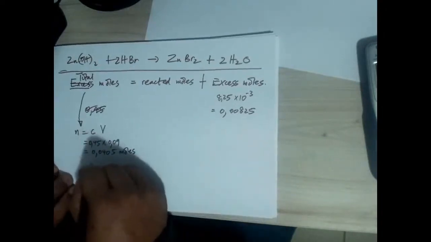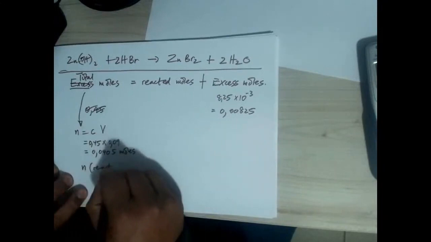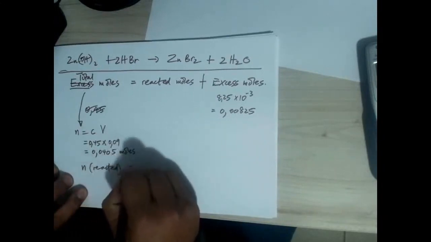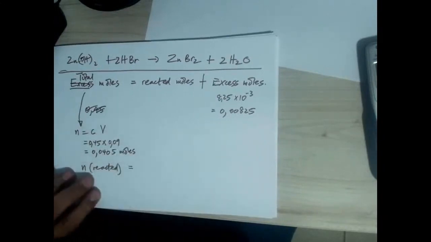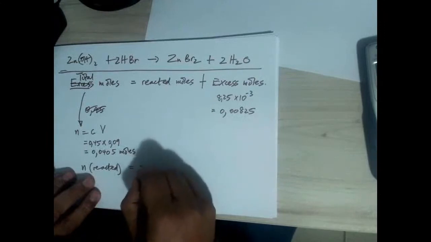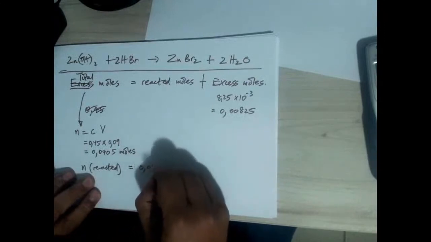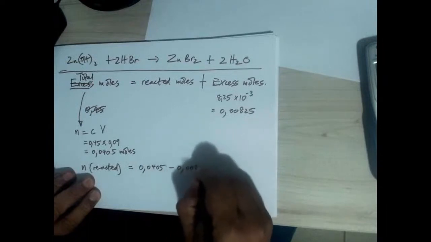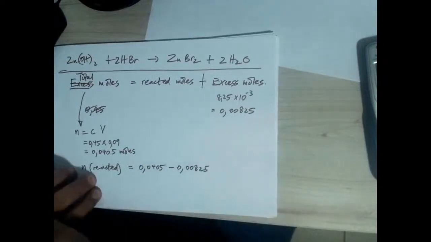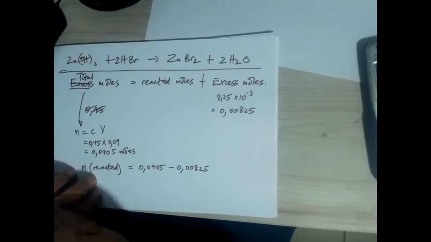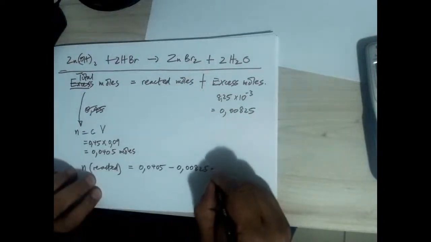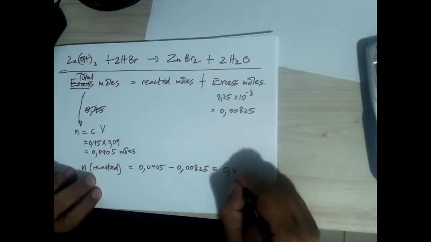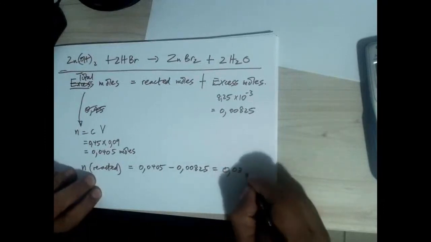So the moles reacted is equal to 0,0405 minus 0,00825, which gives us 0,03225 moles.